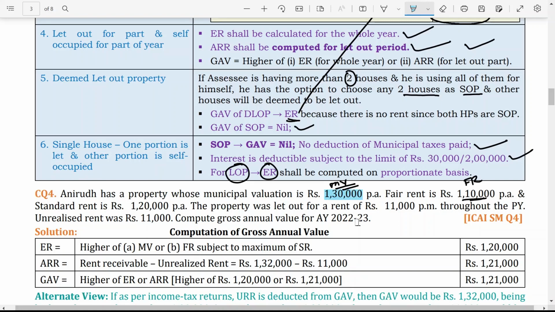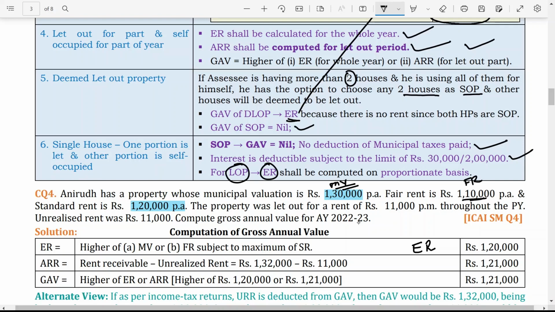And standard rent is 1,20,000. Now you have to compare this with SR. Between 1,30,000 and 1,20,000, whichever is lower, so 1,20,000 will become your ER. So this is your answer of ER, expected rent: MV or FR, subject to a maximum of SR, 1,20,000.